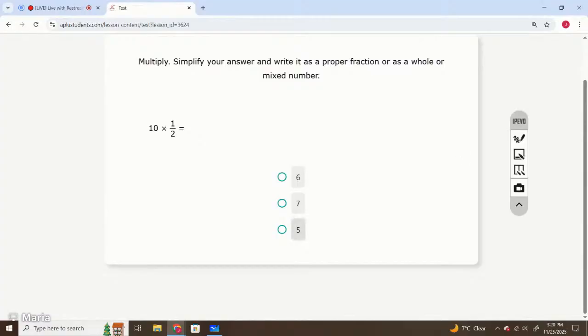Very good. 5 it is. The correct option is 5. Option 3 is the correct option.